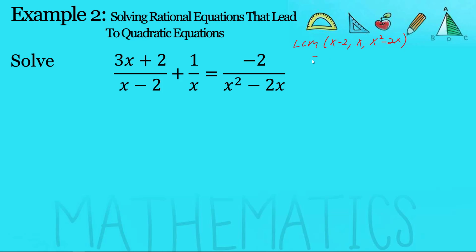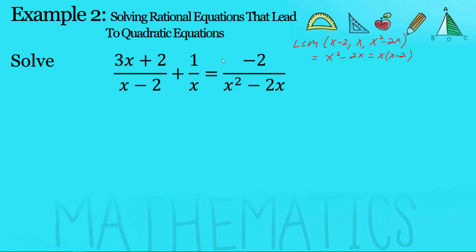And you hopefully will notice that that would be equal to x squared minus 2x. Notice that x is a factor of x squared minus 2x, as is x minus 2, because this could also be written as x times the quantity x minus 2, and we actually will use both of those.